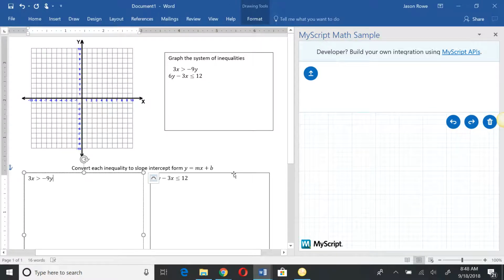Over here, the first one has one step to solve. We've got negative 9y on the right, so all we have to do is divide both sides by negative 9.